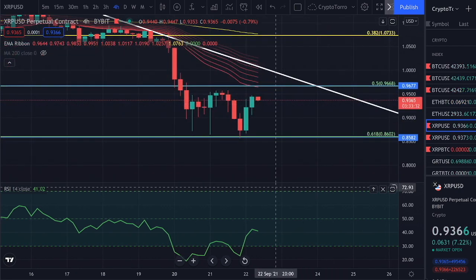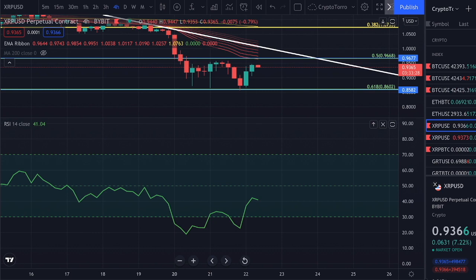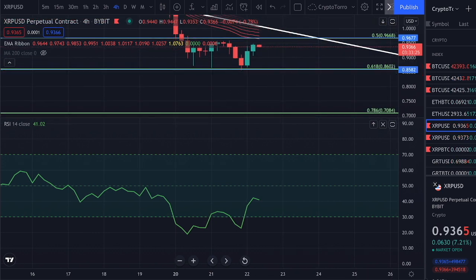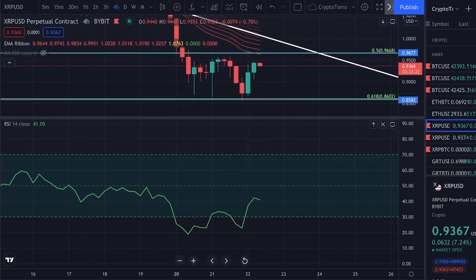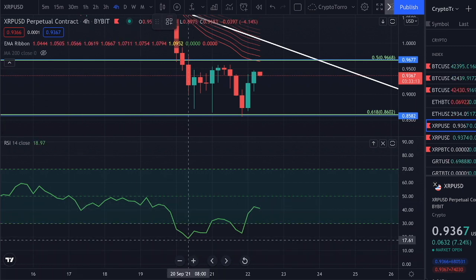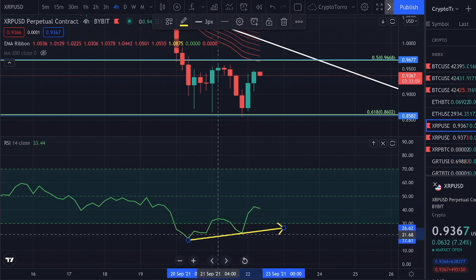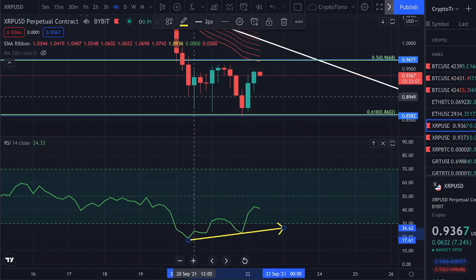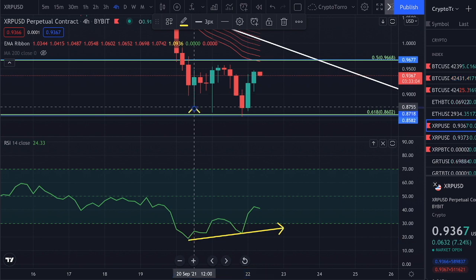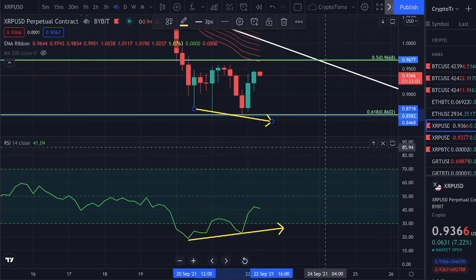On the RSI, you can clearly see that we are creating a higher low compared to the previous one, slightly heading towards the upside, but on the chart, even if you count the wicks, we are creating a lower low. Therefore, this is a confirmed bullish divergence, and for sure this will have influence on the price action of XRP.